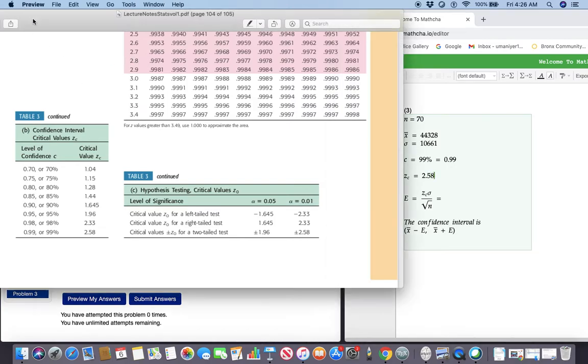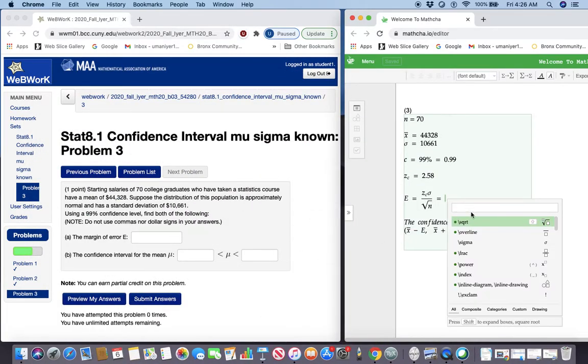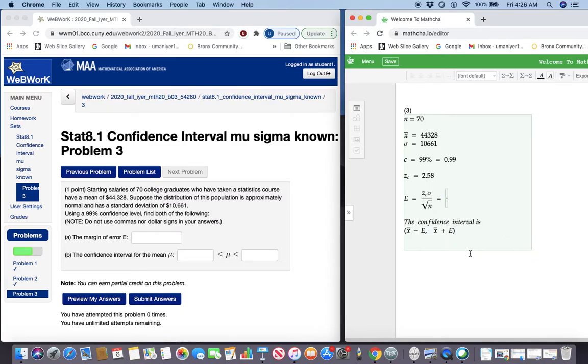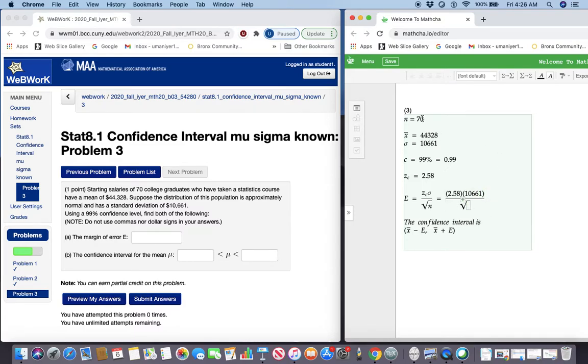And then the margin of error is z c times the fraction: 2.58 times sigma 10661 over square root 70.